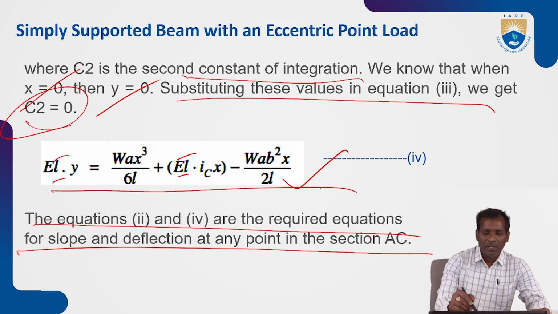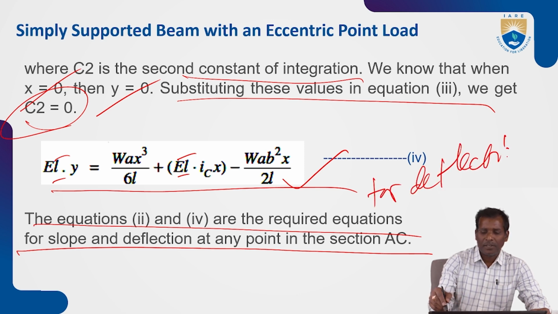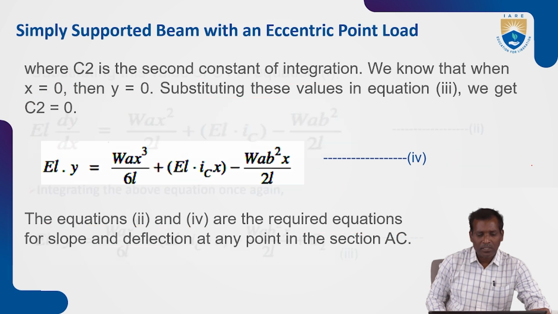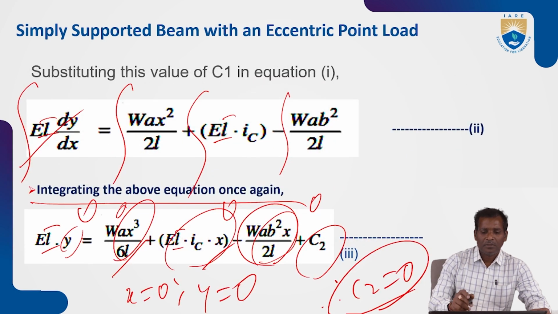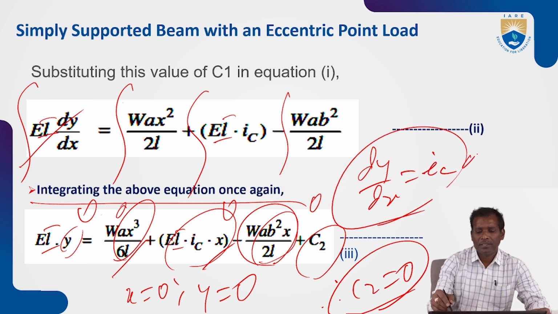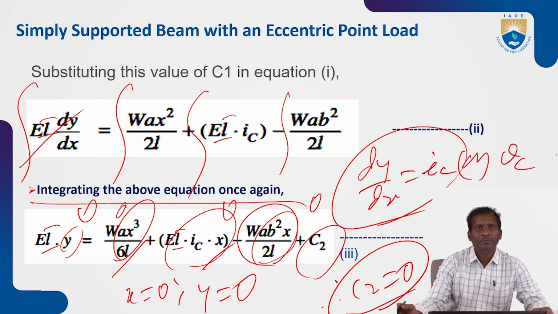So this is the deflection. What is the slope? The second equation, before integrating, EI into dy by dx. So dy by dx is nothing but the slope at C, theta C.